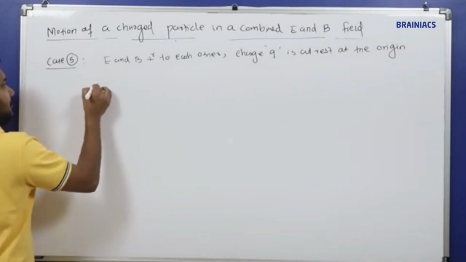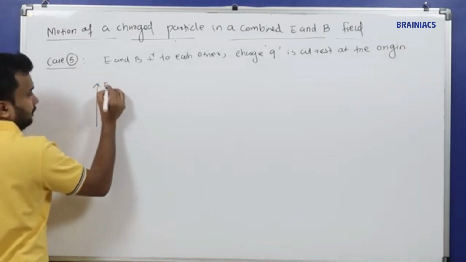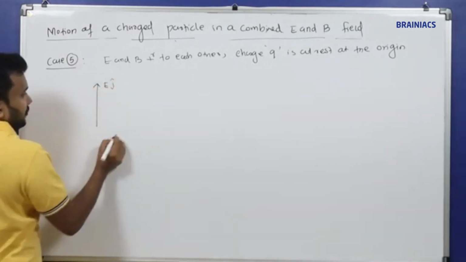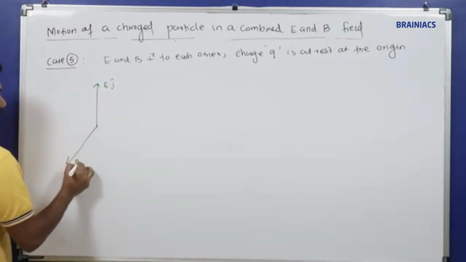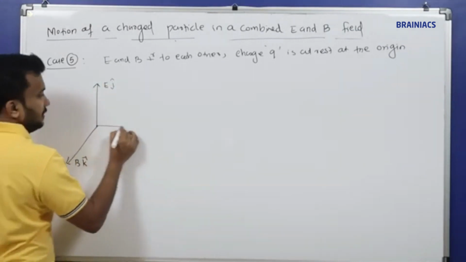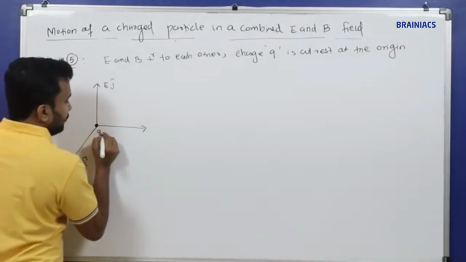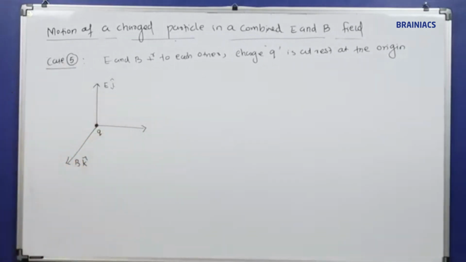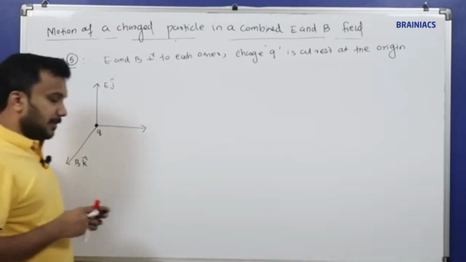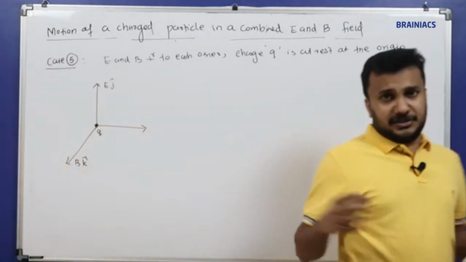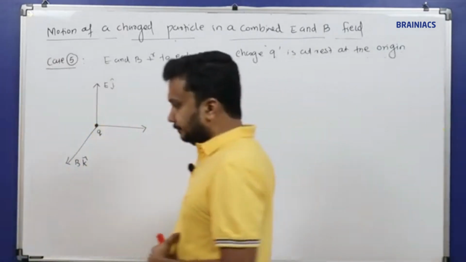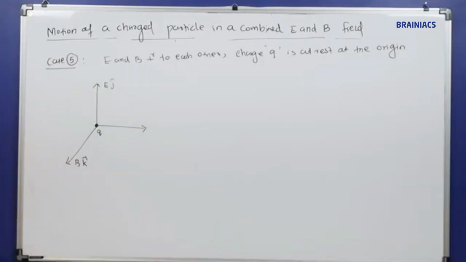For example, the electric field is in this direction, E in the J direction, and the magnetic field is in the direction B, K, and this is the X coordinate. So the charged particle will be here, at the origin. The electric field is in the Y direction, and the magnetic field is in the positive Z direction, out of you.